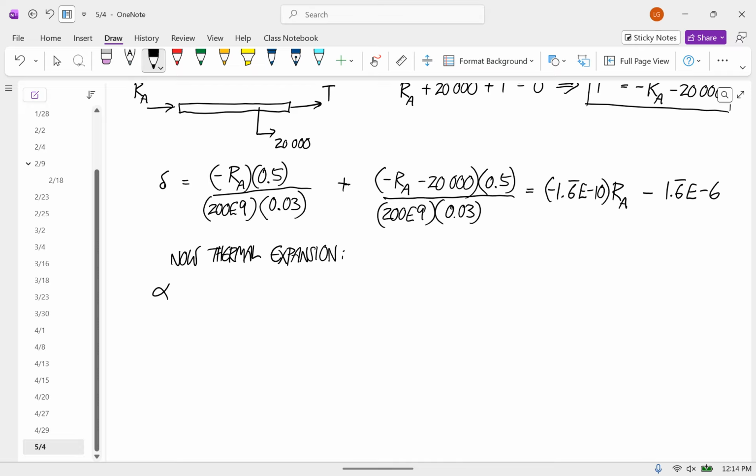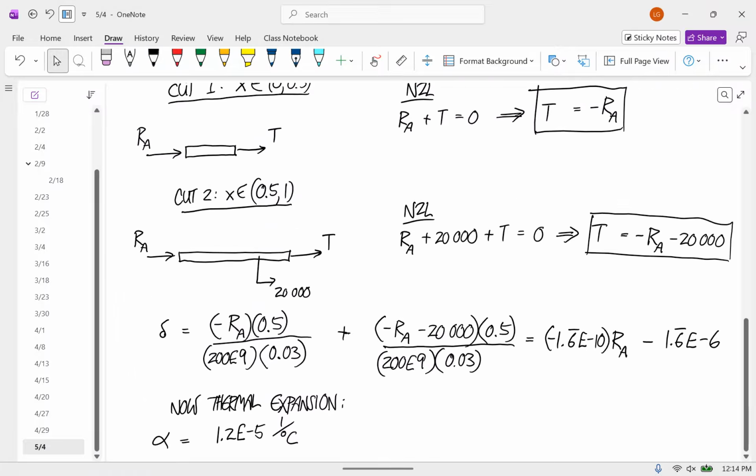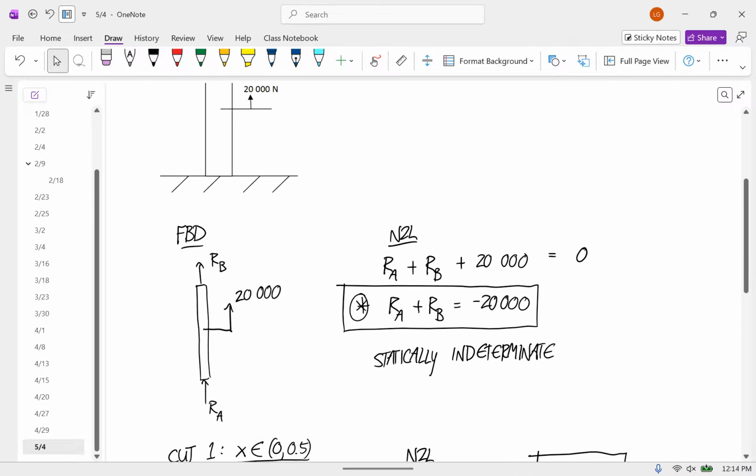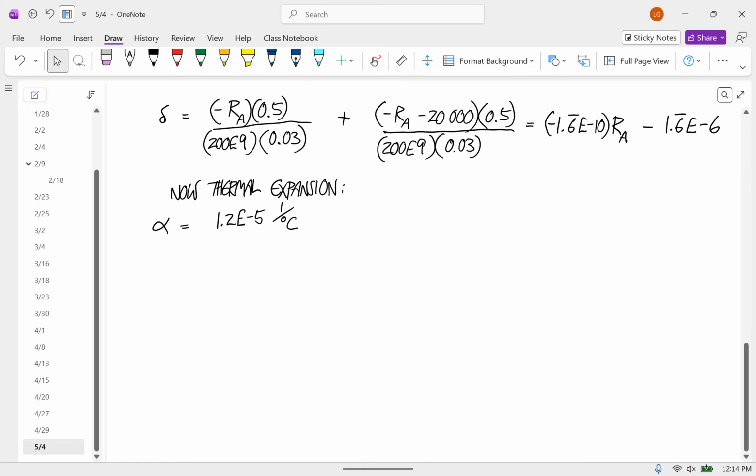So our alpha is, we're going to call it 1.2 times 10 to the minus 5, 1 over degrees Celsius. And there's no tricky stuff we have to do here. We can just treat it all as a single length. We don't have to break it up or anything.